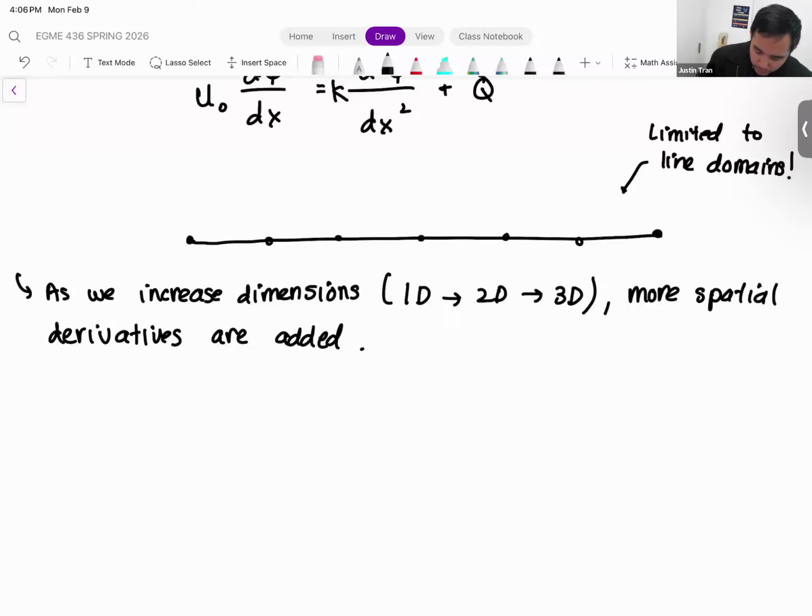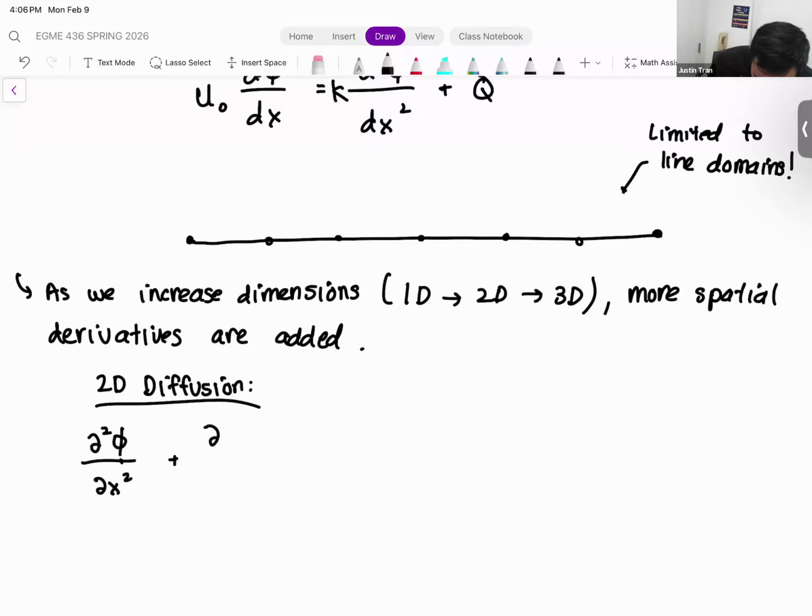So for example, if we look at the 2D diffusion equation, we're going to ignore convection for now. We'll bring back convection, we'll probably talk about it more on Wednesday. But if you just look at the 2D diffusion equation, it looks something like the following. You have partial squared phi, partial x squared, plus partial squared phi, partial y squared is equal to, we can add a source, so let's say we have a source term as a function of x and y.